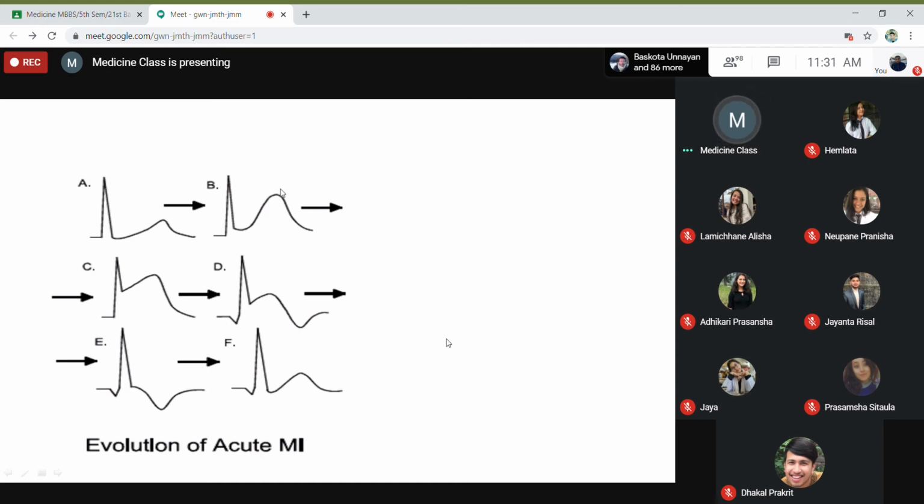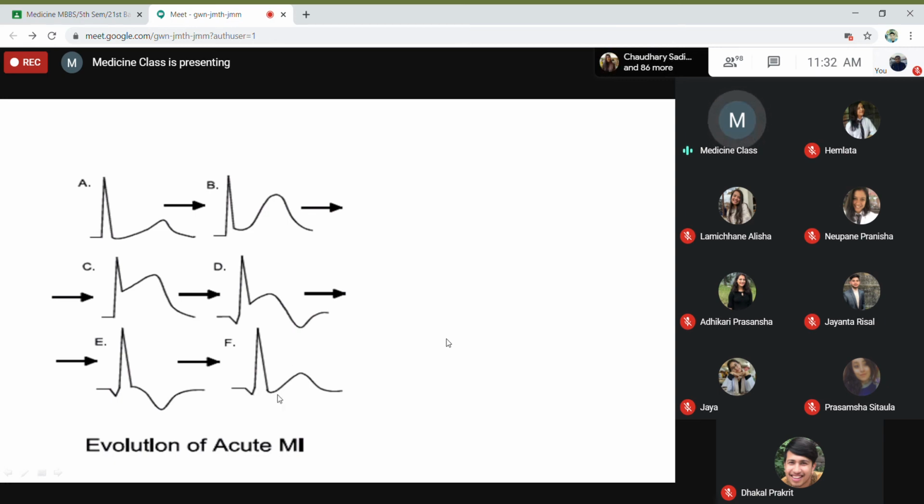So first a tall T wave, then ST segment elevation, then there will be appearance of a Q wave, and there will still be ST segment elevation, but the T wave will become inverted. Later on, the ST will come back to its own position, but there will be T wave inversion, and after complete resolution, the Q wave will always be present.